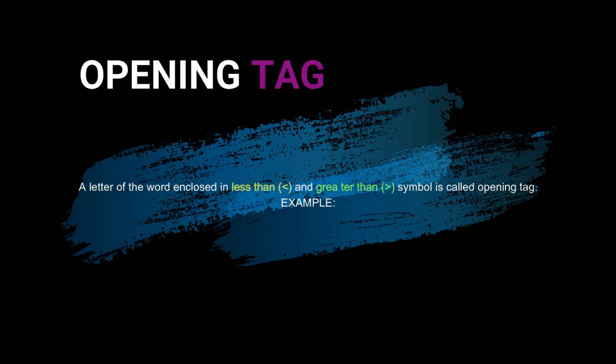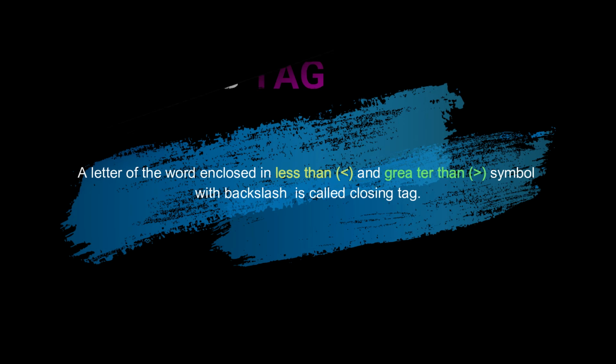Opening tag. A letter or word enclosed in less than and greater than symbols is called an opening tag. Example 1, P letter enclosed in less than and greater than symbols is called an opening tag. Example 2, HTML word enclosed in less than and greater than symbols is called an opening tag. Closing tag.